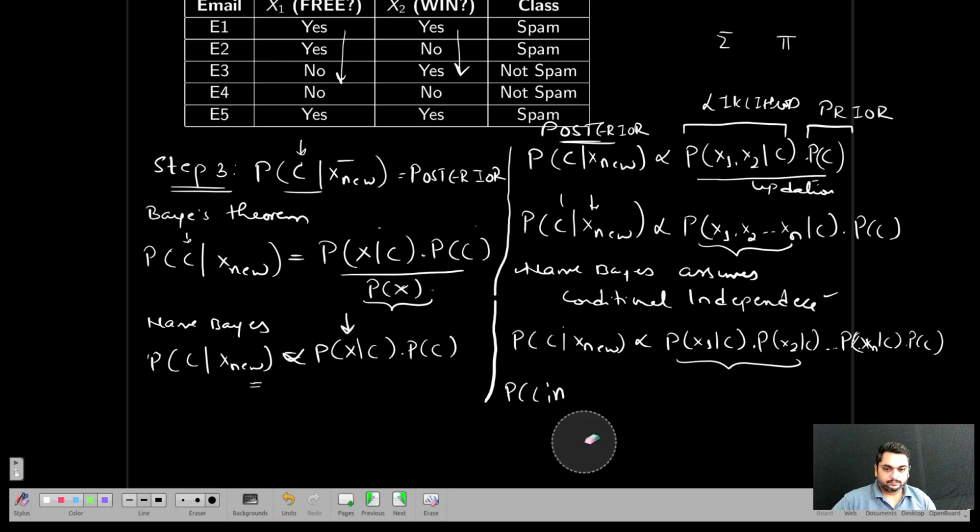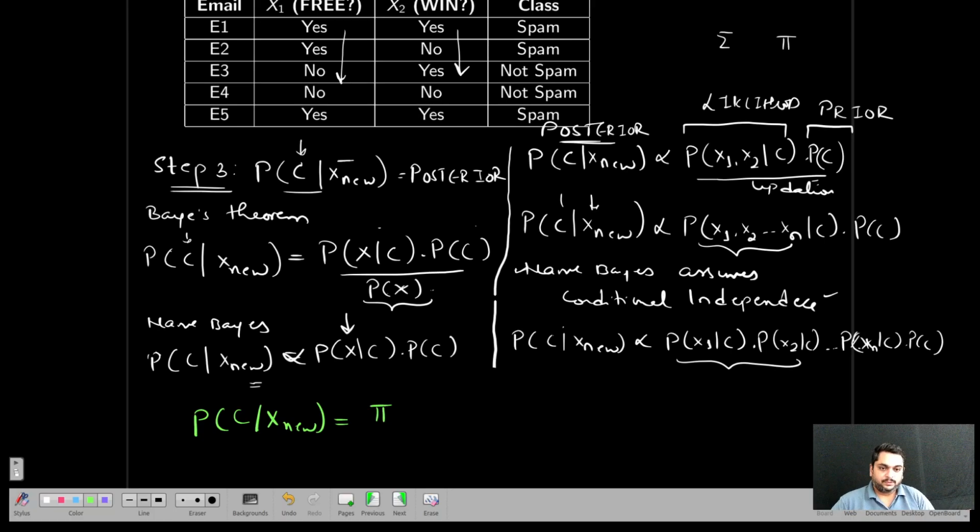Final, what is the equation we'll get? You can write it as probability of C given X new, for clarity, is equal to the product of probability of xi, that is each feature xi given that class, which is nothing but your likelihood, product of all the features' likelihood into the class prior.